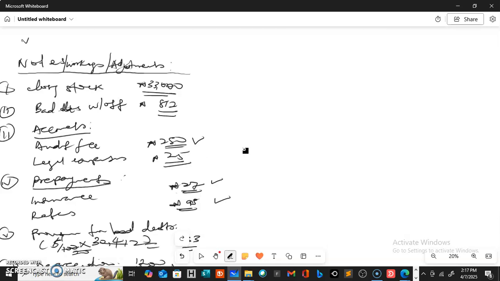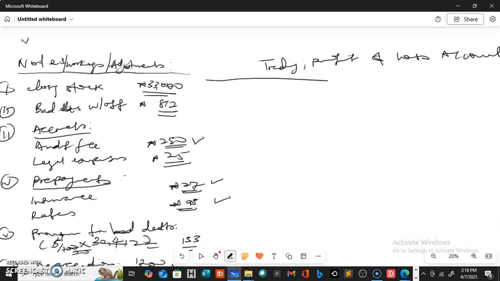Ensure that your work is neat and also do what is right. Be professional about your drawings and your writing. Trading, profit and loss account. Okay, so let's roll that.